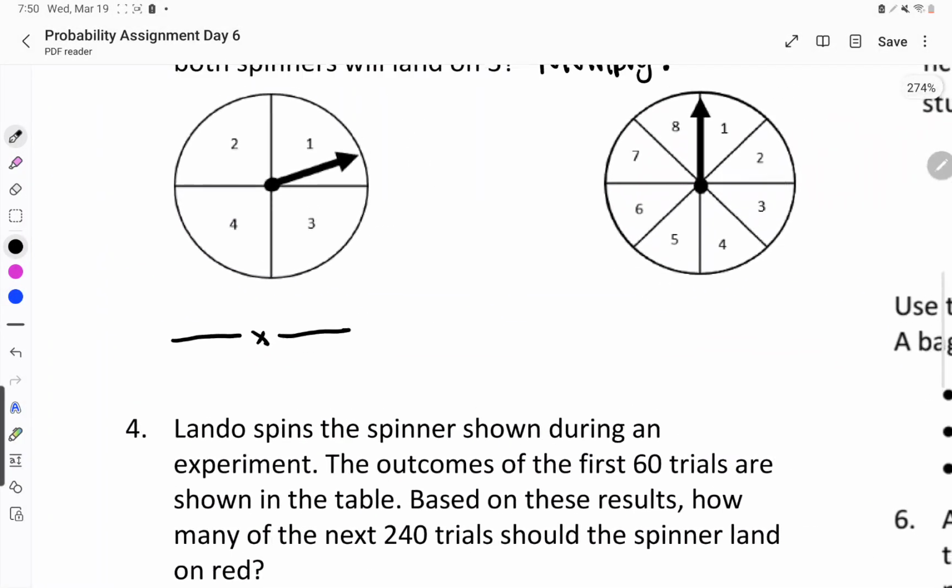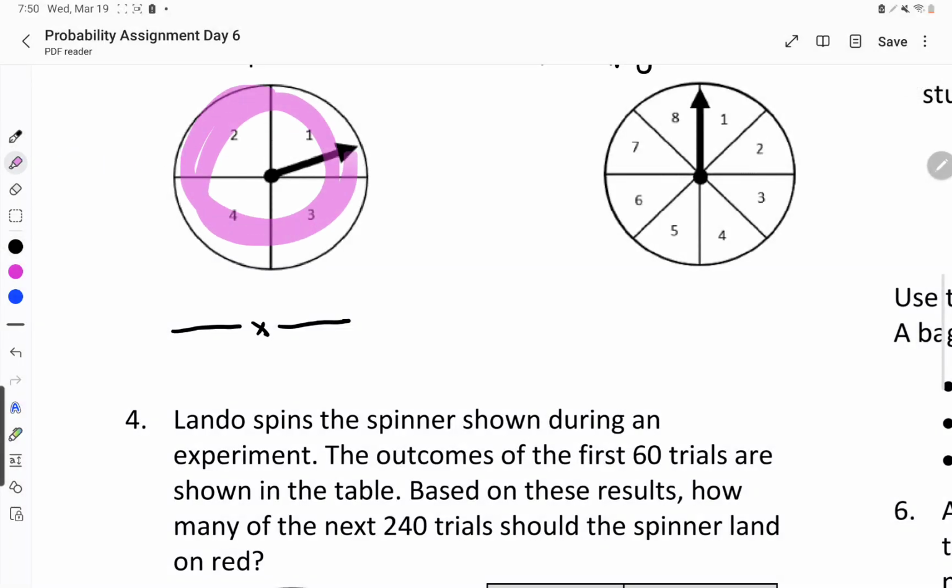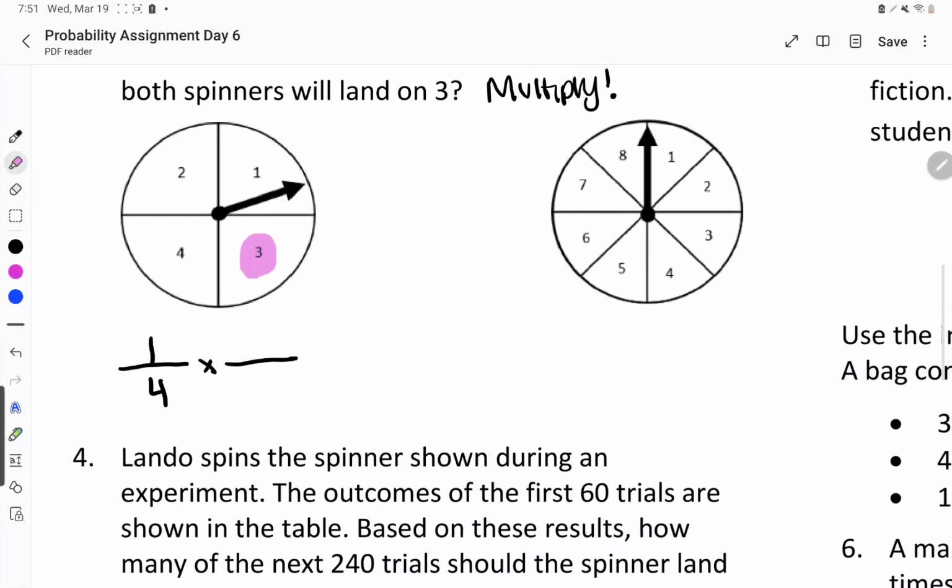The first one is the probability of this spinner landing on a 3. That is a 1 in 4 chance. I have a 1, 3, and then 4 total sections. What is the probability of the next one landing on a 3? That would be a 1 in 8 chance. So I do tops times tops, bottoms times bottoms, and that gives me 1 over 32.